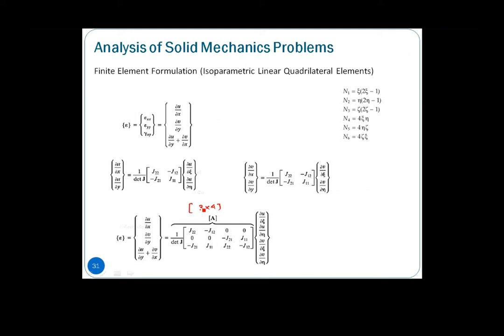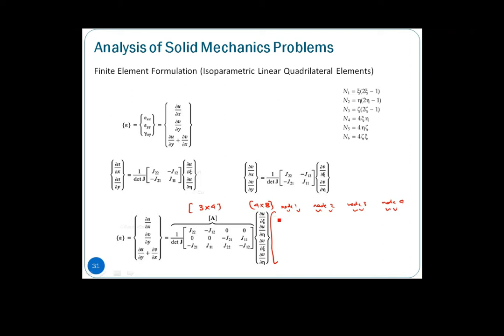And here we have a 4 times 8 matrix, basically referring to del U, del psi for the first node. We have node 1, node 2, node 3, node 4, with both U, V, UV, UV, UV.